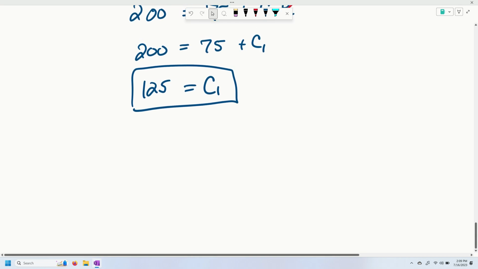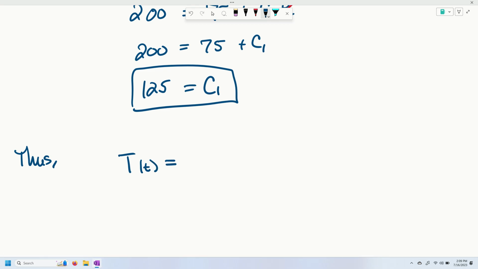So far, we have T of t equals 75 plus 125 e to the kt. Now, the next thing we need to do is figure out what k is.